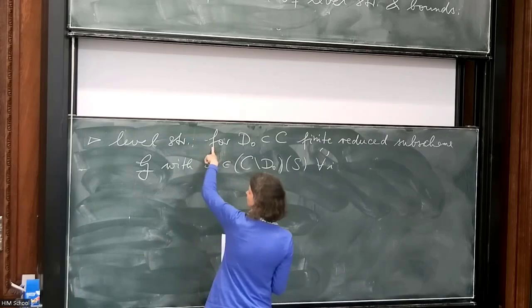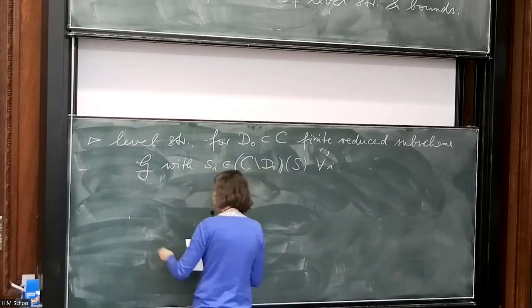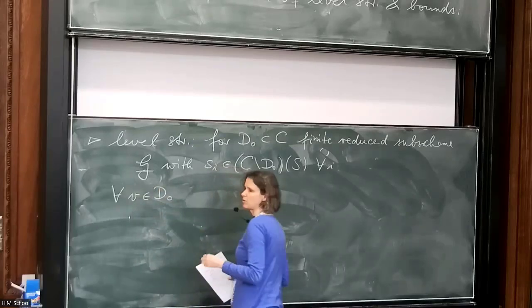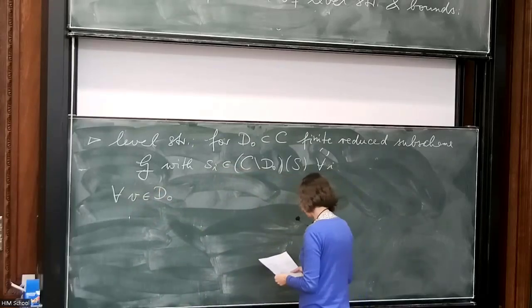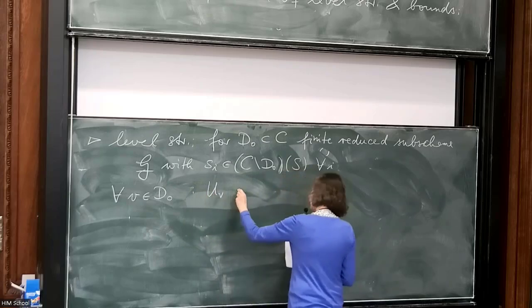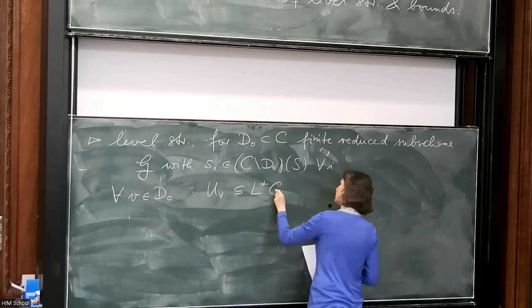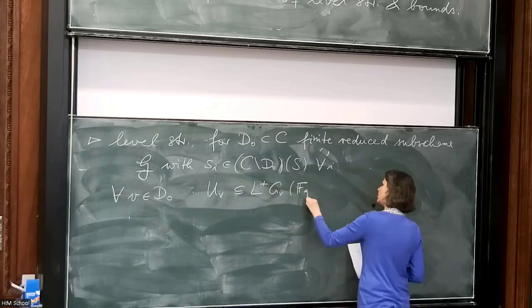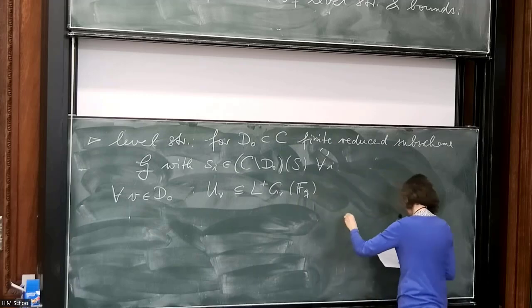So these are the places where we want to define the level structure. For every place, we have to fix some subgroup determining which level structure we want. So we fix a subgroup U_v in L^+G_v of F_q, open and compact.